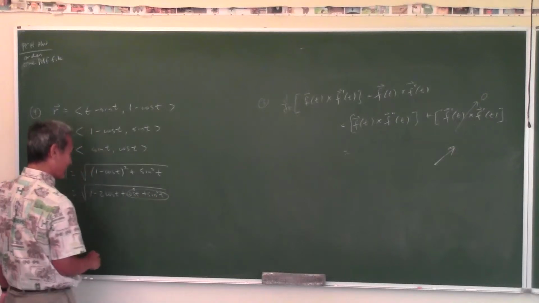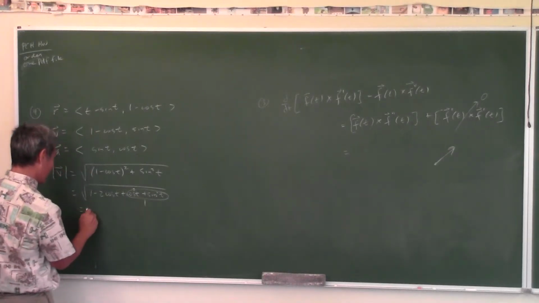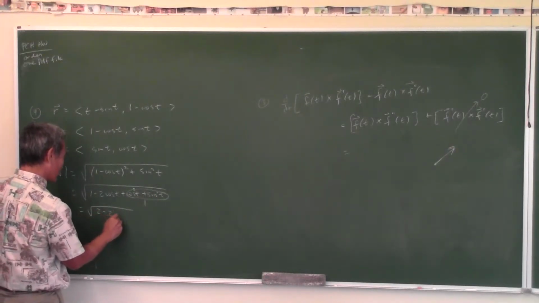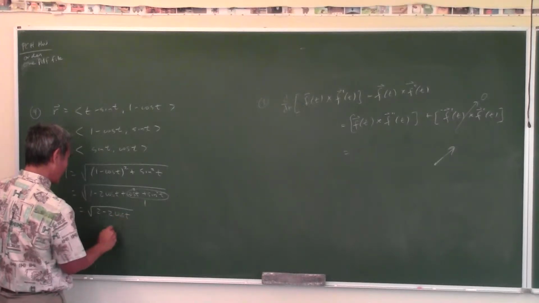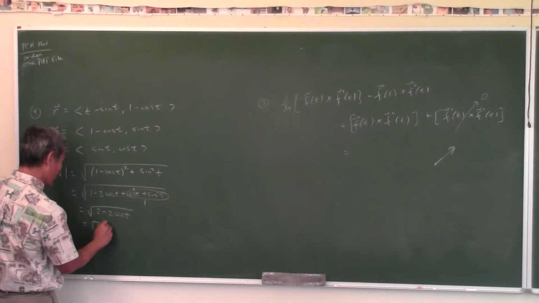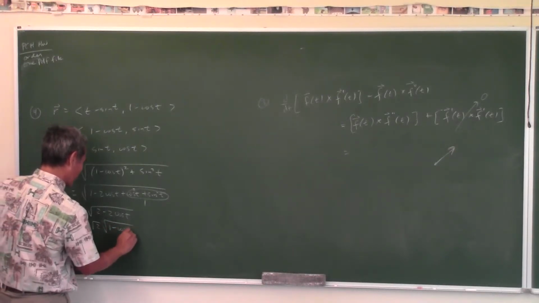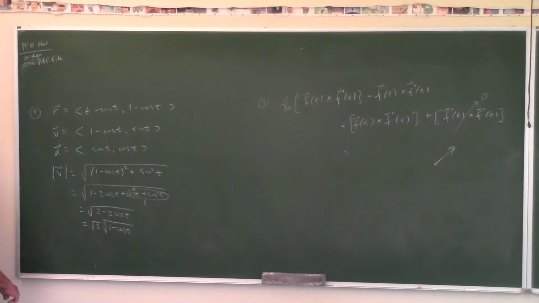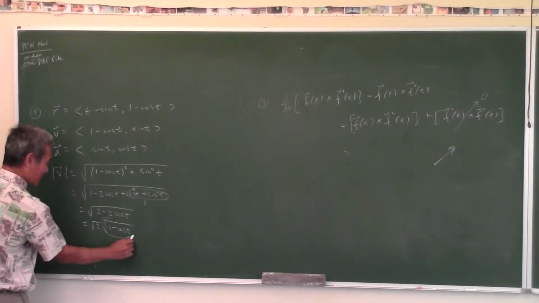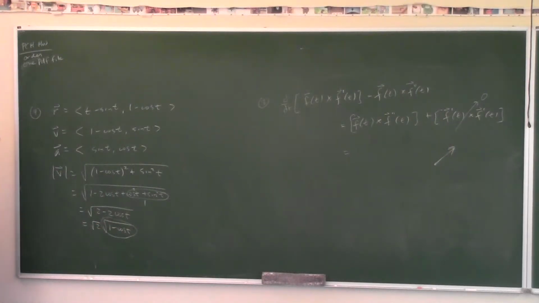That's 1, so you get 2 minus 2 cosine t. Factor out a root 2, and you get root 2 times the square root of 1 minus cosine t. What is the biggest this will ever be? 1, right? So the maximum value is going to be root 2.